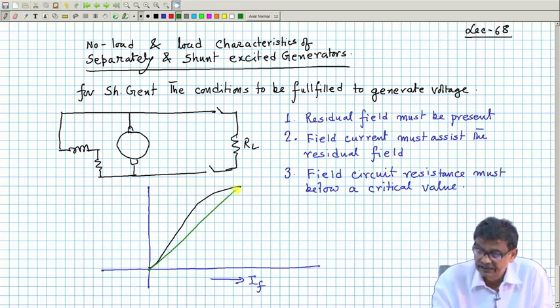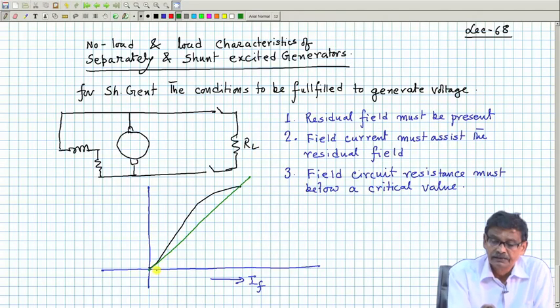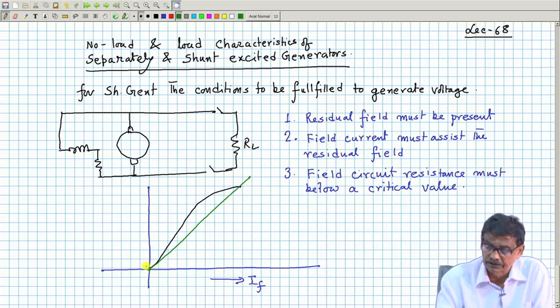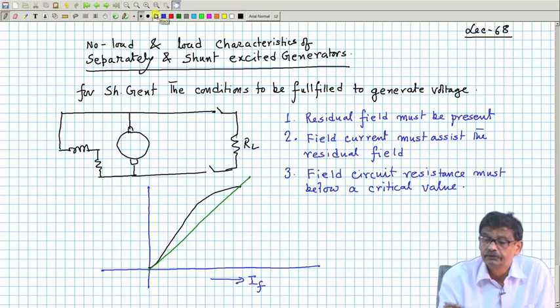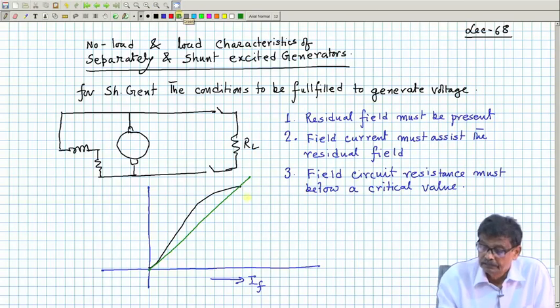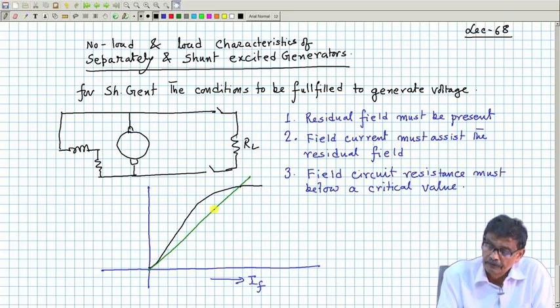The field resistance line must pass through the origin, because it is the V-I characteristic of this circuit, but the open circuit characteristic will start above it. The machine under open circuit condition must develop this much voltage at the point of intersection.